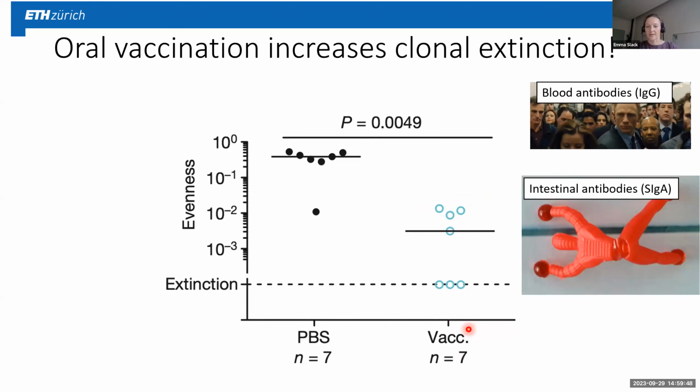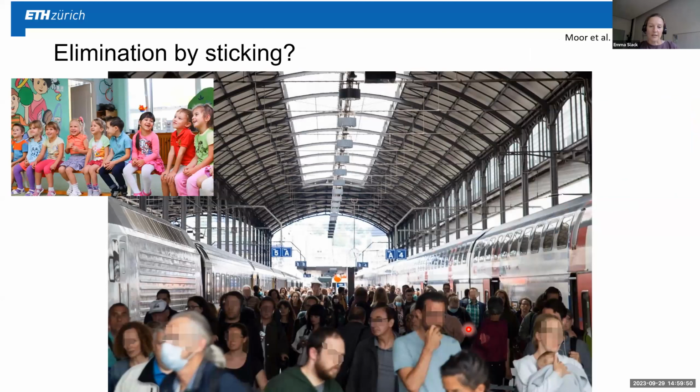So the nicest way of explaining this to you is to say, okay, this train station here, this is a bit like your gut lumen, right? This is actually Zurich Hauptbahnhof, for anyone who's interested. And these two trains have just arrived, this kind of mass movement of people.